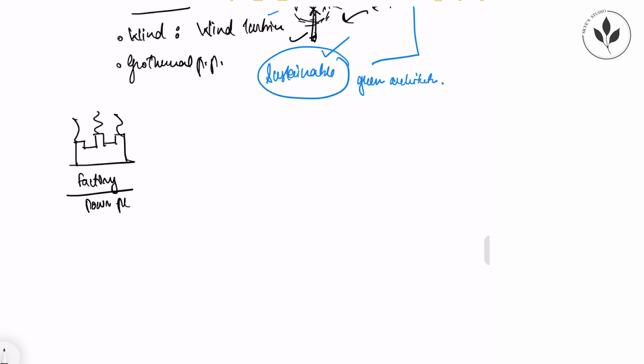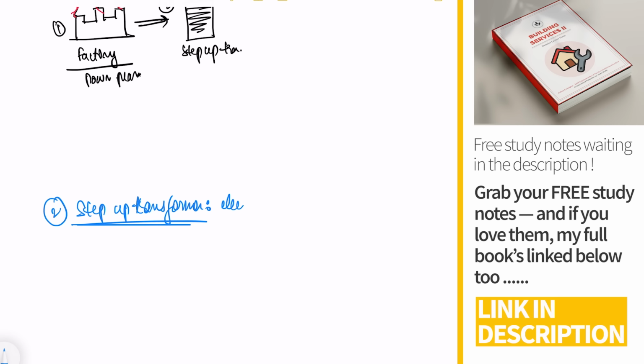Now, the very first step was generation, in which we are generating electricity. These can be called power plants. The second step is the step up transformer. Now, in our power plants, the electricity which is generated is relatively of low voltage, from around 11 to 25 kilovolt, so that we can transmit it through wires efficiently over long distances.